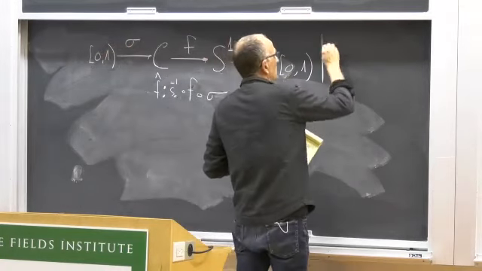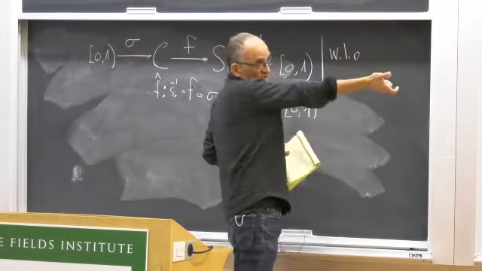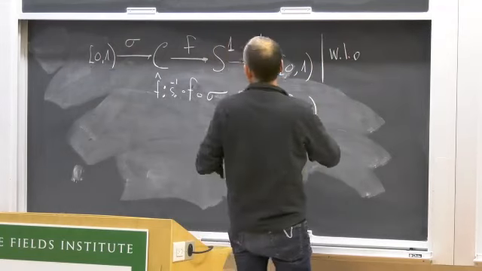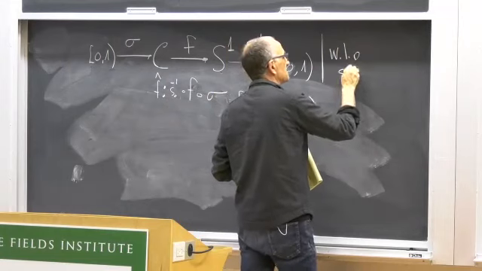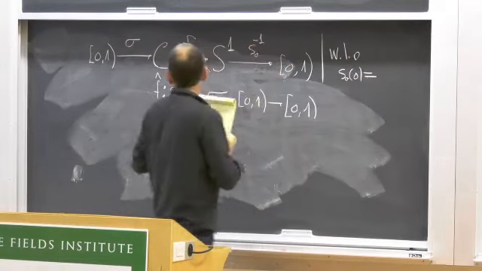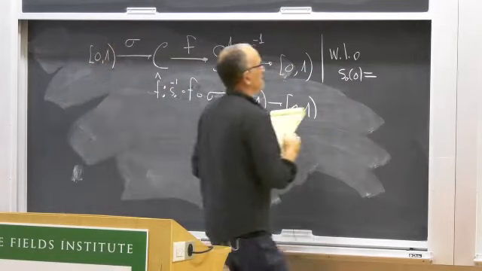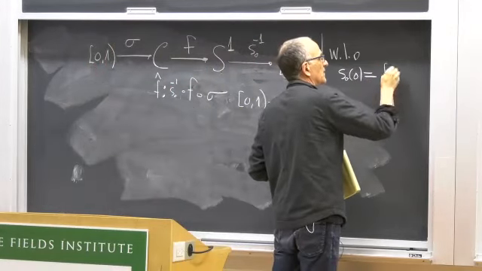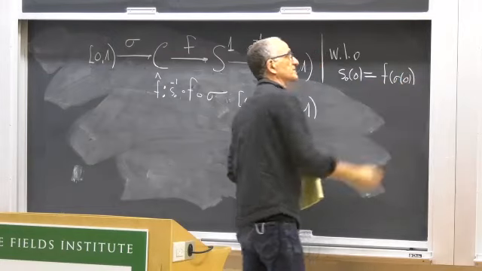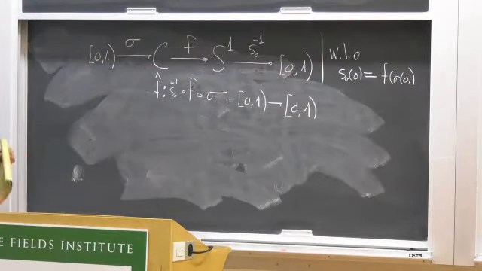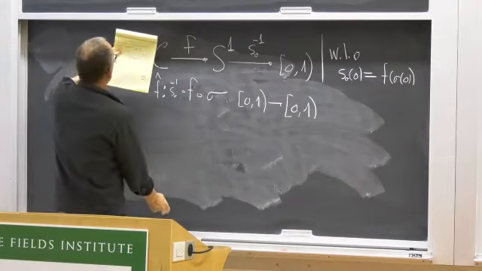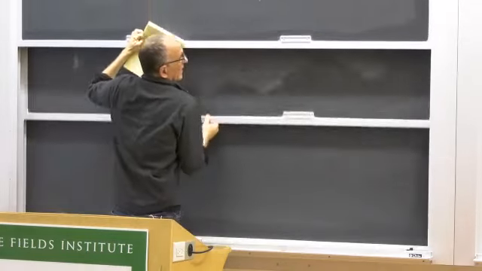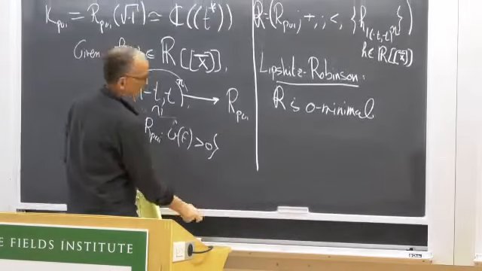So without loss of generality, S0 of 0 equals what I get from here, equal to f applied to sigma of 0. Okay, so I need to adjust S0, possibly. And now let me draw a picture of what we get.